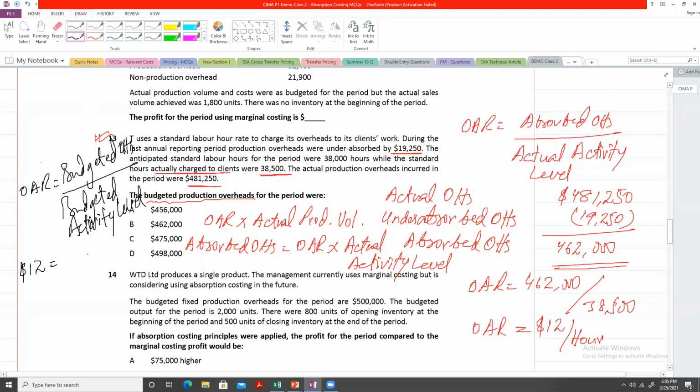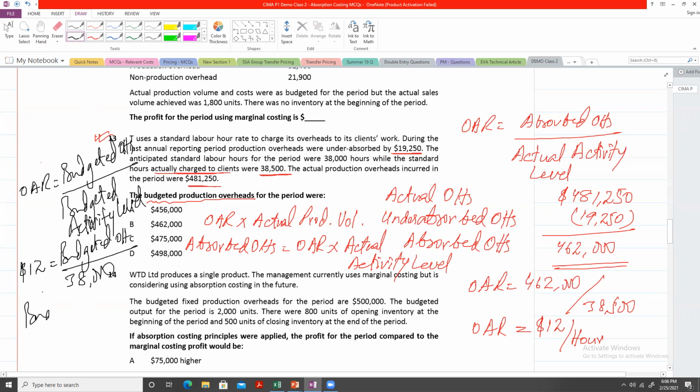Now, how much are the budgeted overheads? We have to calculate budgeted overheads, and we are given the budgeted level of activity, that is 38,000 hours.